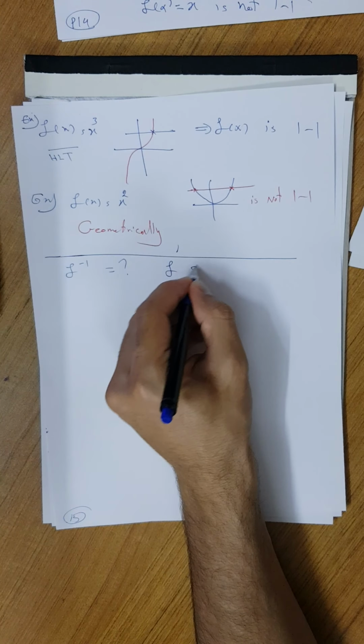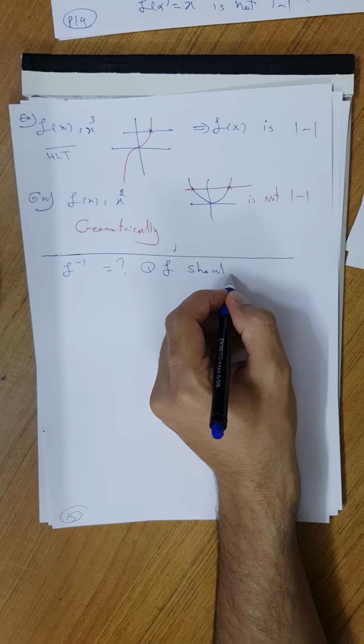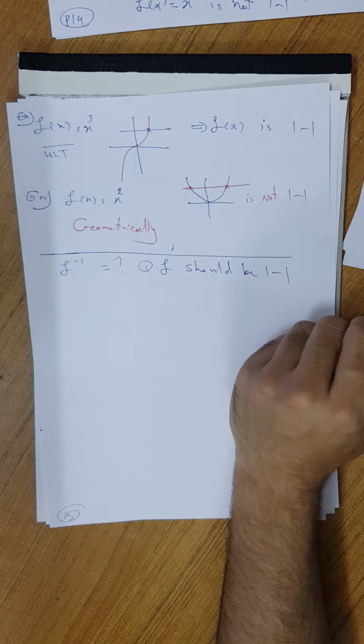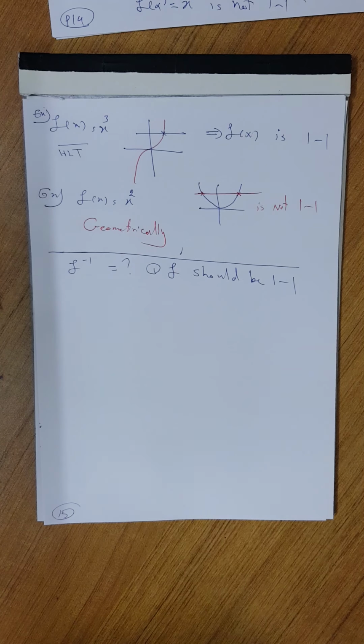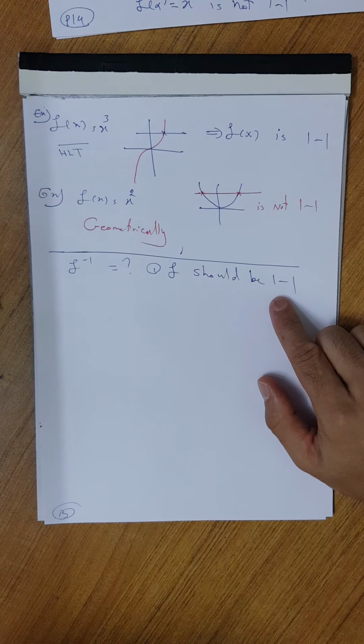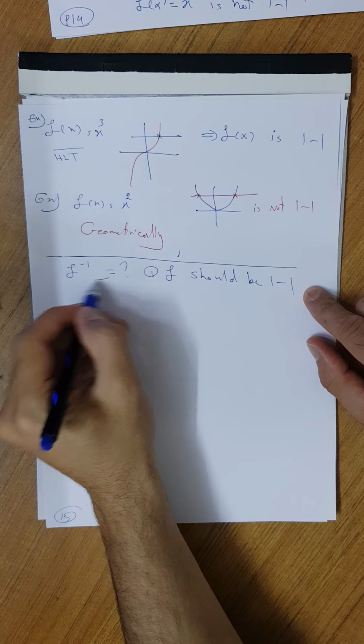The function should be one-to-one. That's why we study one-to-one and its properties, because if the function is not one-to-one, we cannot find the inverse.